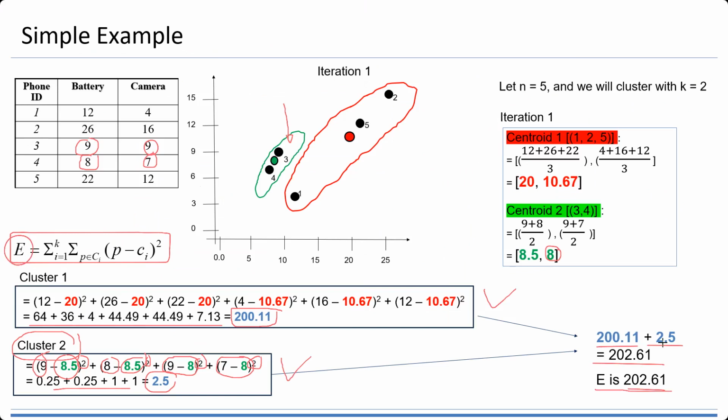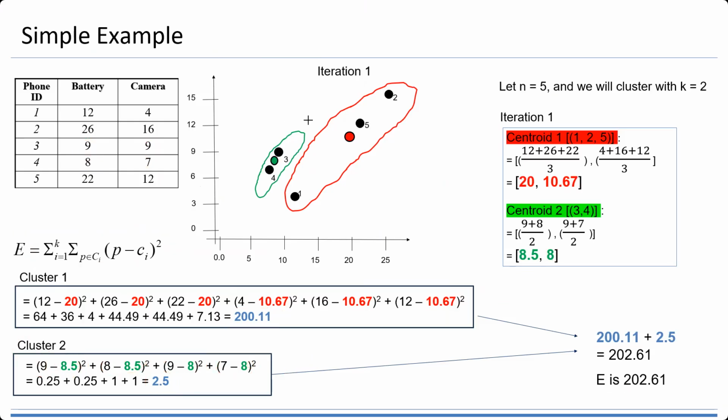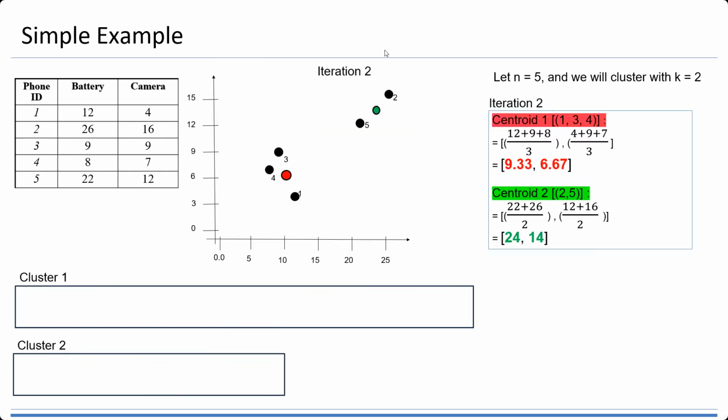So is it good or bad? Do you think it's good? We need to do more experiments because there might be a different kind of group. So the next experiment, we call it iteration number 2.